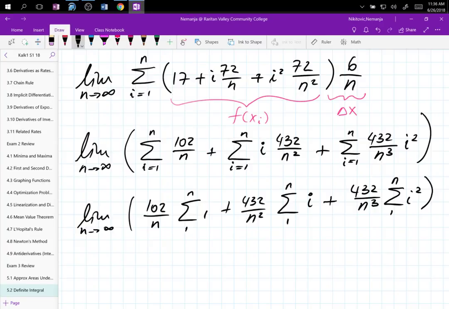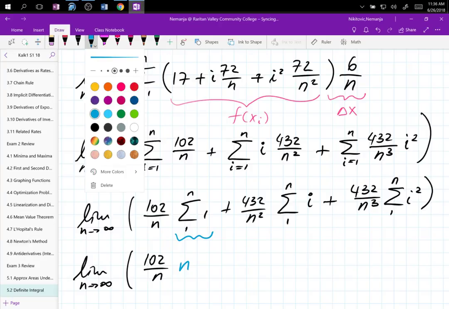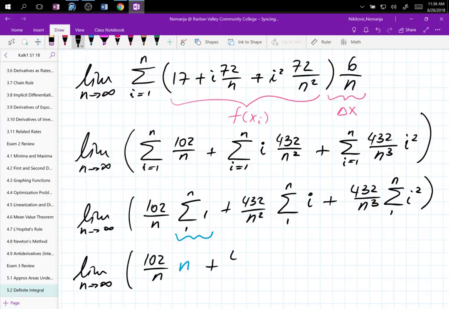Again, we are going to have the blue formulas from last time kick in. I have 102 over n, and then the whole thing over here was just n. Then we move to plus 432 over n squared, and we know that this was n plus 1 over 2.